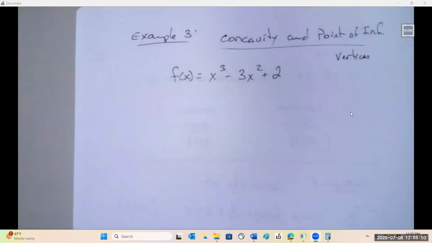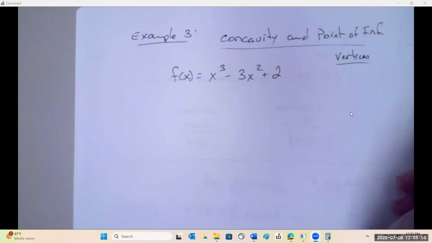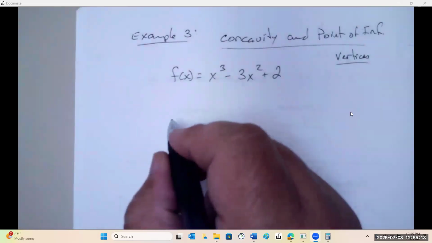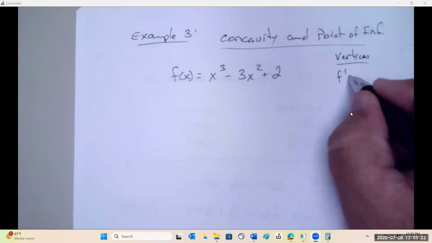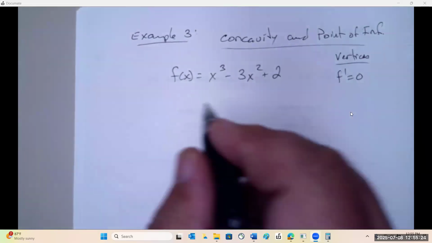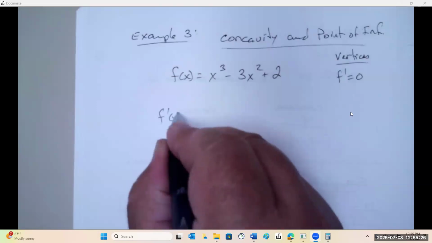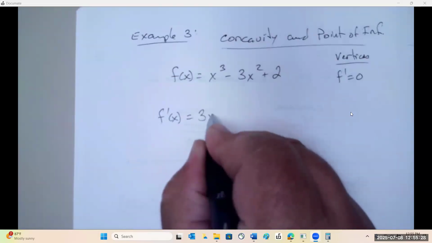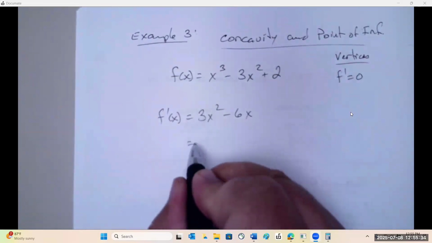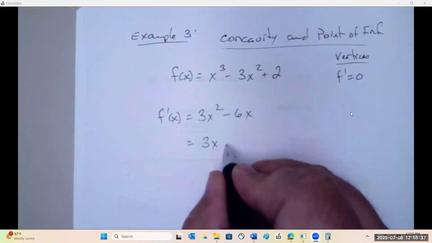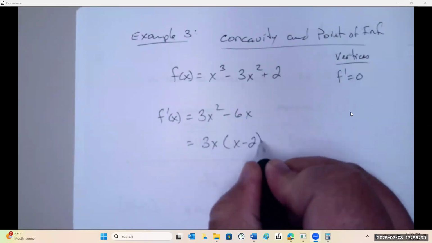All right, let's look at this. To find the vertices, what do I have to do? Right, that's the first derivative. So the first derivative is 3x squared minus 6x. I can factor out a 3x, so it's 3x times x minus 2.